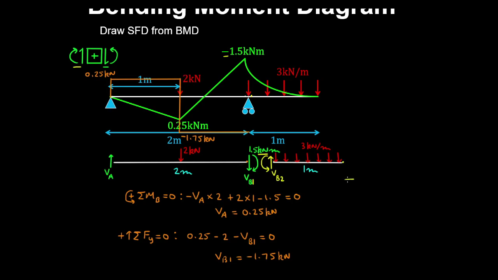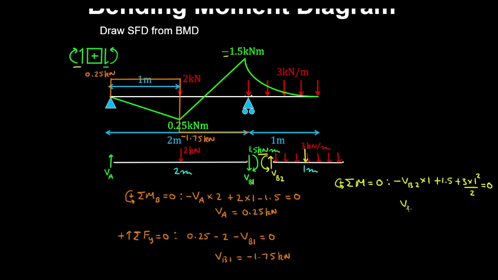Now if we take an equilibrium of moments about the overhang, with counterclockwise being positive by convention, we have minus VB2 multiplied by the moment arm, and the hogging moment here is anti-clockwise, so we have plus 1.5 kilonewton meters, and then plus a uniformly distributed load by 1 meter gives the resultant, and then by 1/2 is the lever arm, and that's equal to 0.